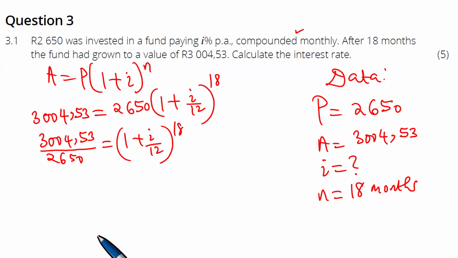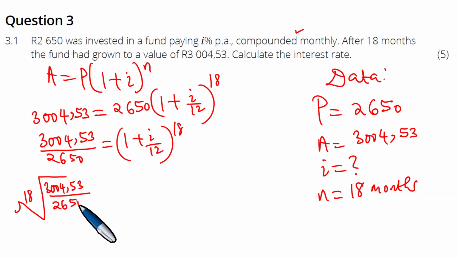Now, what is all this? We want to get the interest rate, so we take the 18th root, meaning you're going to actually have here the 18th root of 3004.53 divided by 2650.